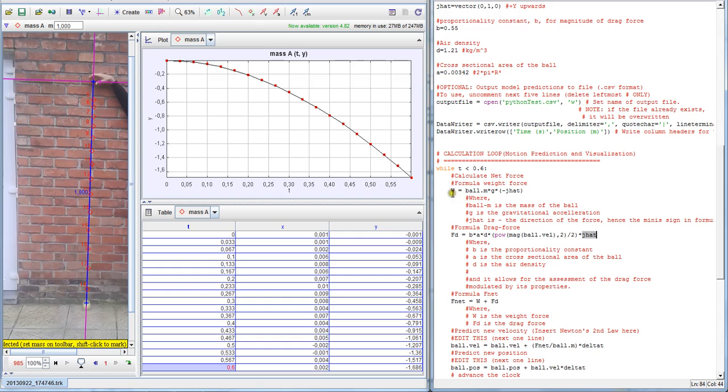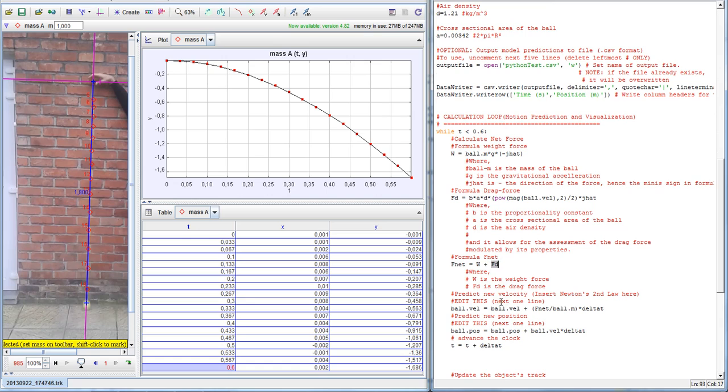Now the weight force points down, and the drag force points up. We create the net force acting, which is an addition of the two forces involved.